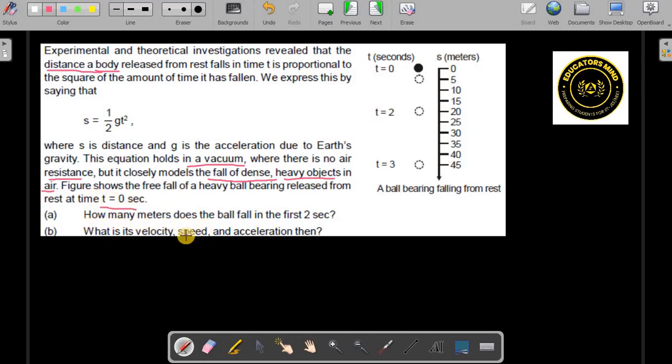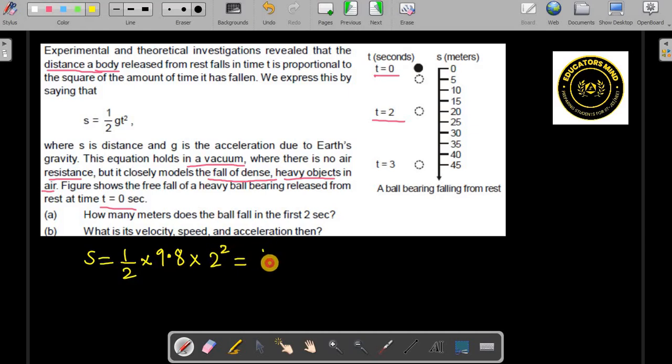Okay, how many meters does the ball fall in the first 2 seconds? First 2 seconds means time 0 to time 2 seconds. What is the distance? As s refers to the distance, we have to just substitute the values. Half g is basically 4.9, right, and t square, so 2 square.